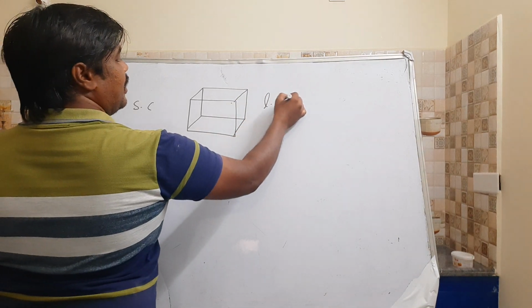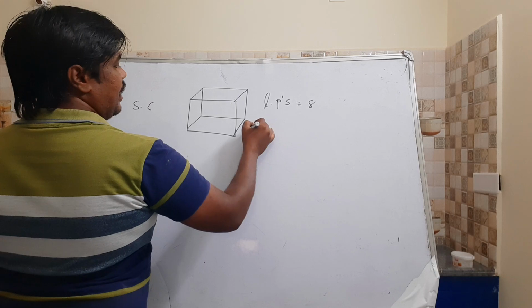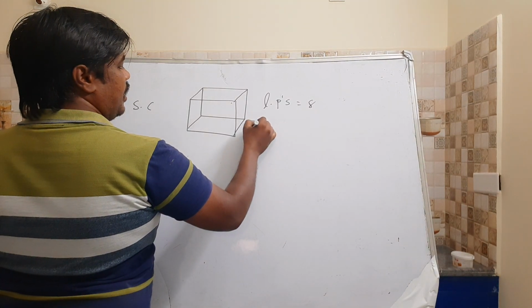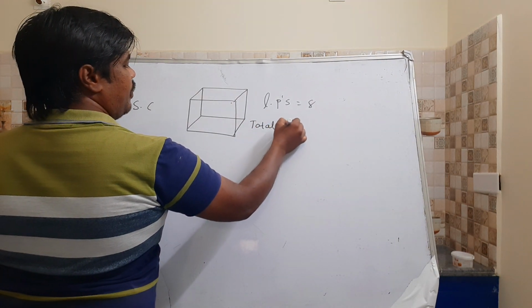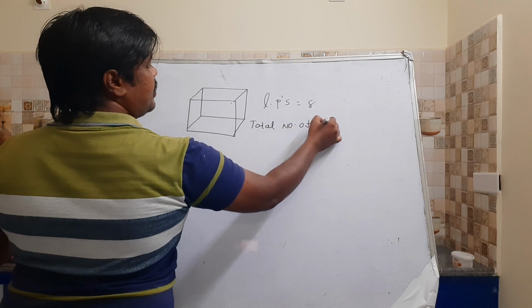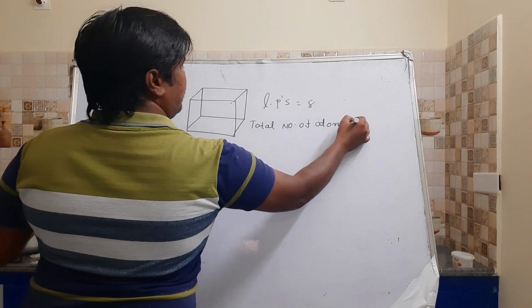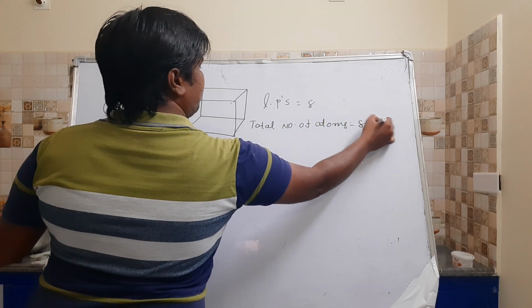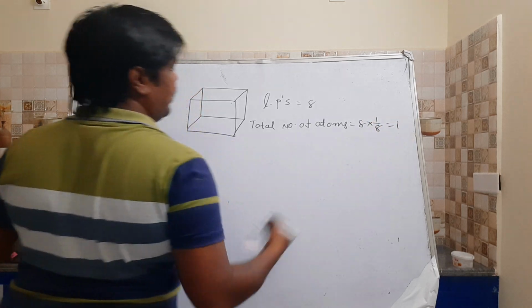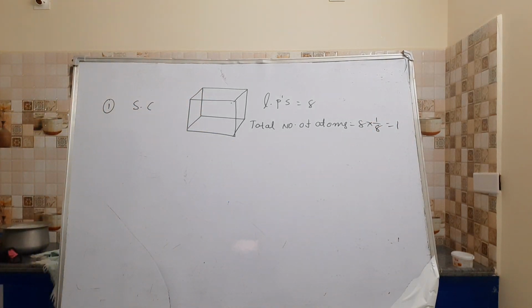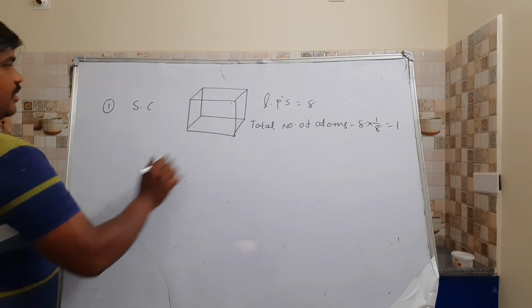Lattice points are 8. Total number of atoms is equal to 8 into its contribution 1 by 8, that is 1. Total number of atoms in a simple cube is 1.